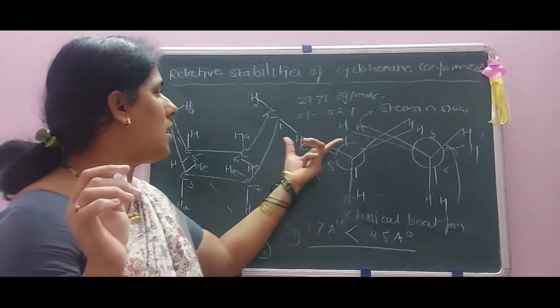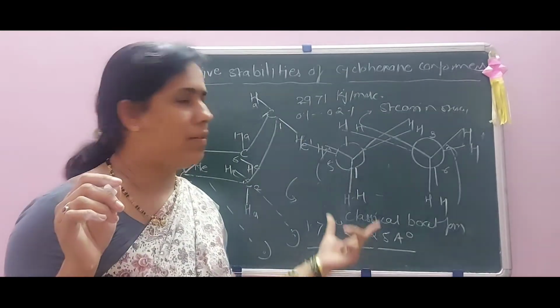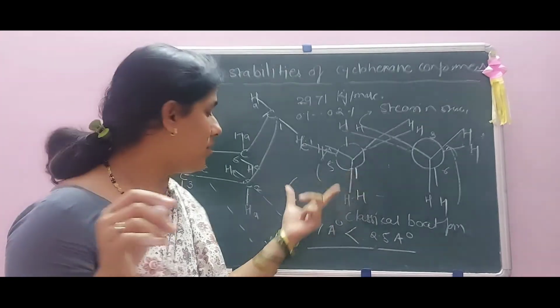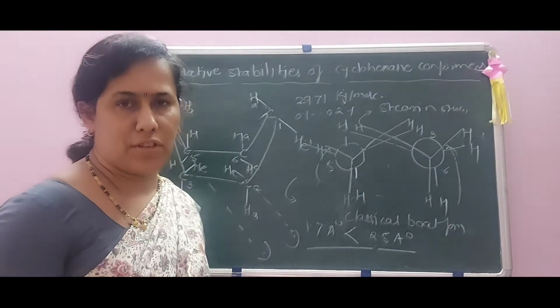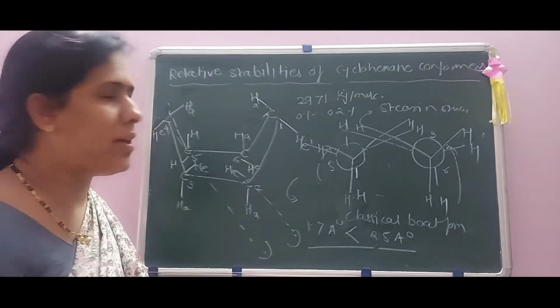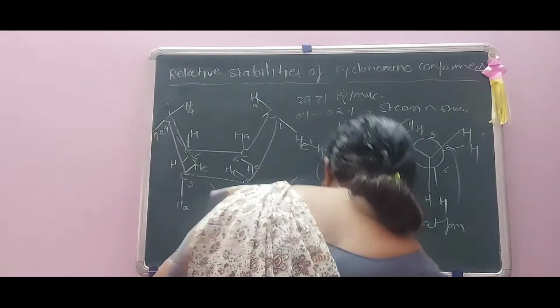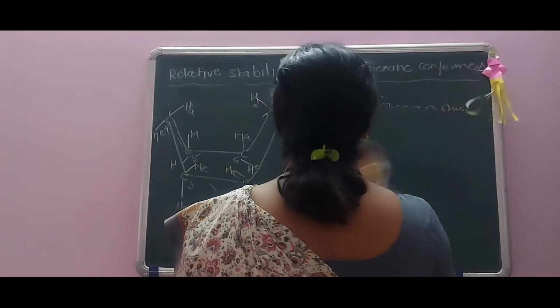Okay. Now we are going to see all the forms of cyclohexane, including the chair, boat, twist boat and the half chair form. Already we have seen this in the last lecture. Now see here.